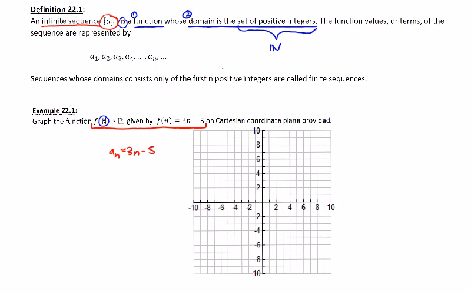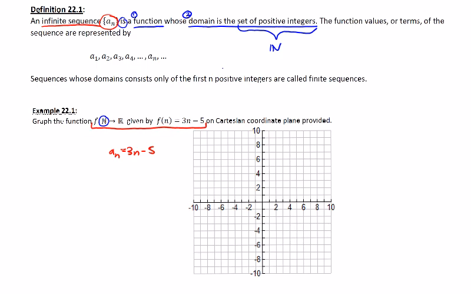And that would be an appropriate way for me to define this sequence. I still have the equation where I have 3n minus 5 showing, and then the a sub n indicates that we're going to be using a natural number input for the sequence. So it's a much more efficient way of being able to define a sequence without having to go through the rigors of the long function notation that we've seen.